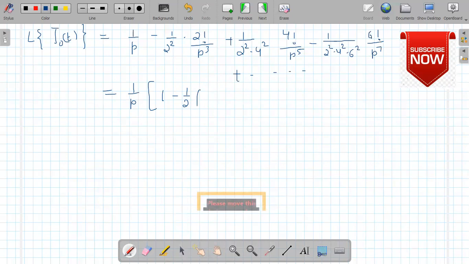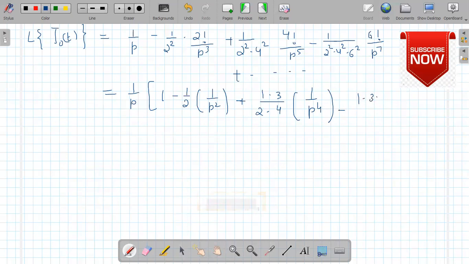So we get here 1 upon p square, plus we can write this as 1 into 3 upon 2 into 4 factorial. When you solve it, this is 1 upon p raised to the power 4, minus 1 into 3 into 5 upon 2 into 4 into 6, there will be a pattern you can note here, and this is 1 upon p raised to the power 6.